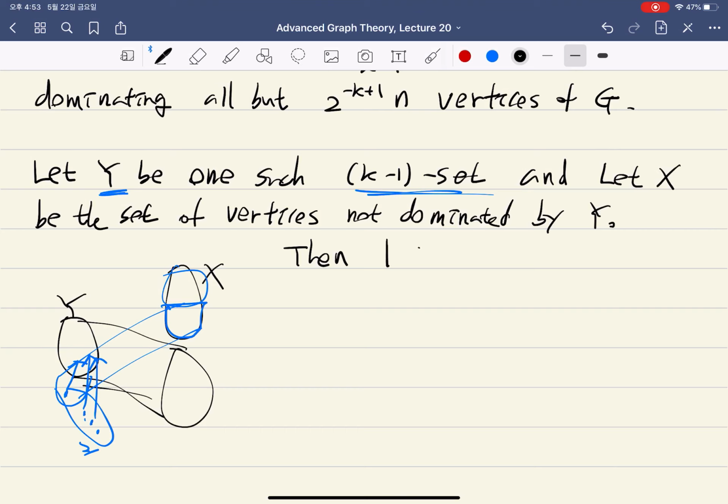For that, we first note that this X has this many vertices.